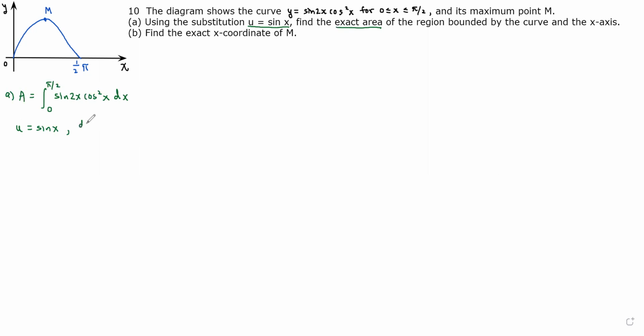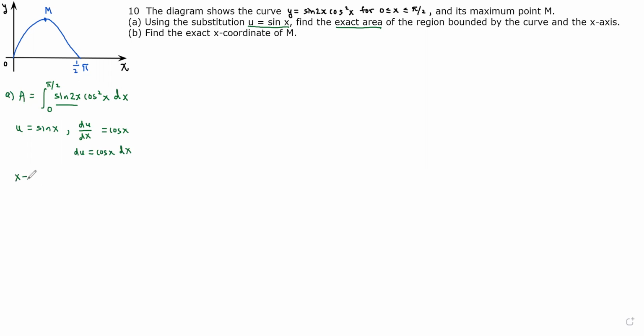If u is sine x, du dx is cos x, or du is cos x dx. Now let's look at the integrand. Sine 2x here, so we have to expand this using the double angle formula. Also, the lower and upper limits have to be changed.